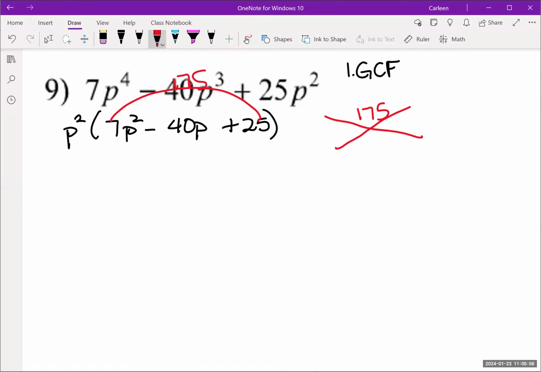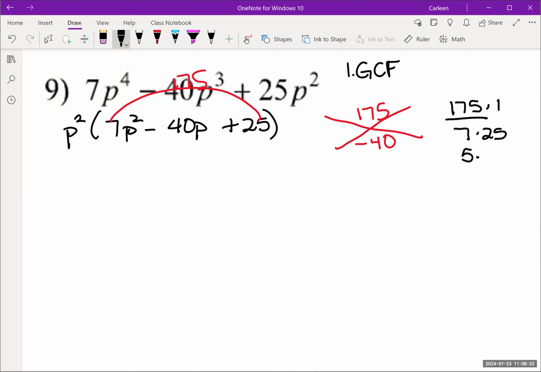I need 2 numbers that multiply to get 175 and add to get negative 40. 175 is not on the chart of factors. So I know it's 175 times 1, 7 times 25. Can you think of anything else that would go into 175? How about 5?